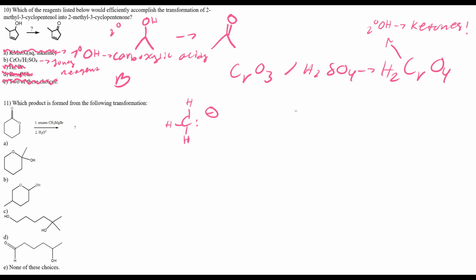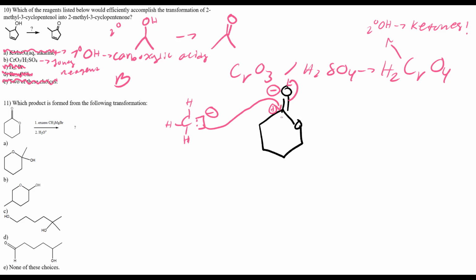Since that is negative, what's it going to do? I'm going to draw it out really quickly, so just wait a second. What happens here is that for the bond to break, this oxygen would take the electrons, forming a negative alkoxide. Since that is negative, this carbon right here has to be positive, and these electrons are going to be really attracted to it.